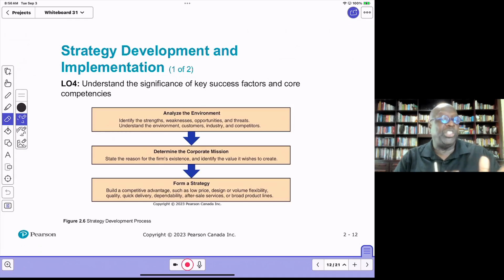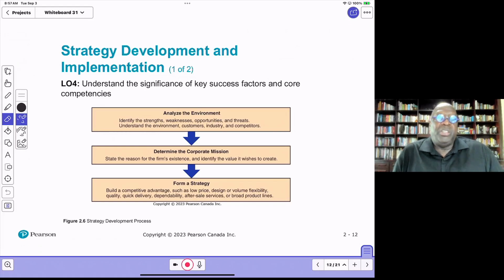Or your mission can change if the purpose that you were focusing on is no longer a critical issue anymore. So those things can happen. And then, of course, once you've determined what your core purpose is going to be and affirmed that, and you understand where you are in the environment that you're operating in, then you could put together a strategy.